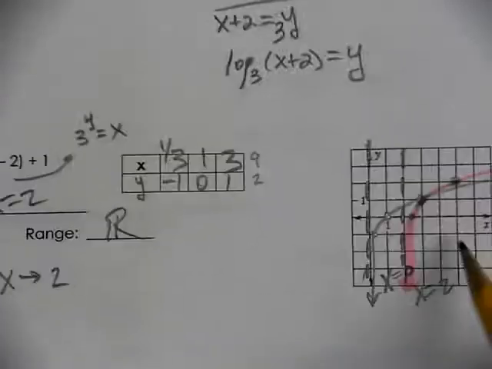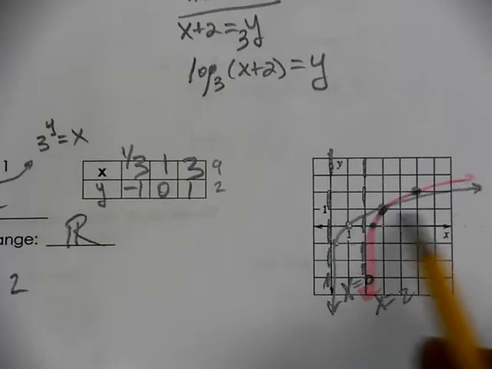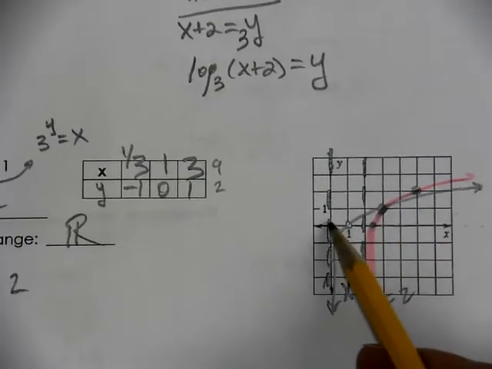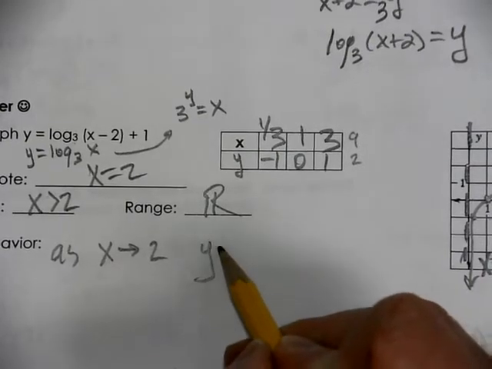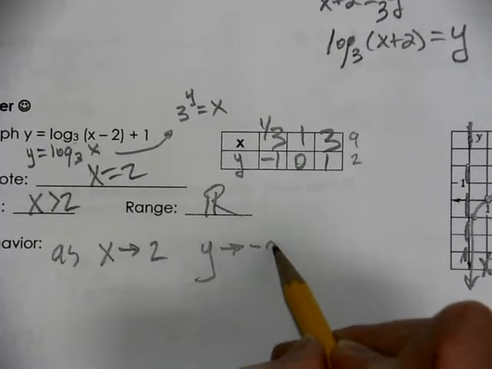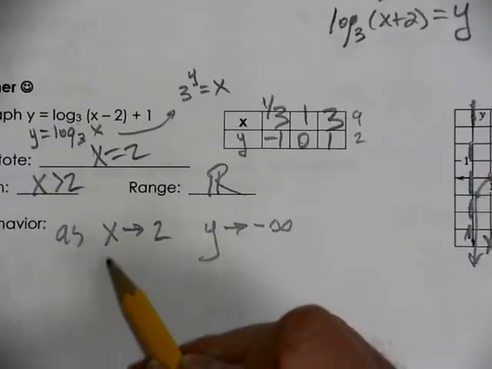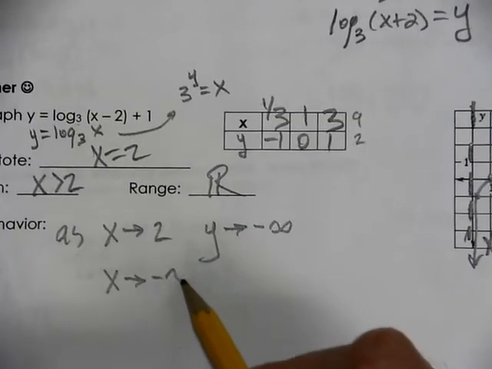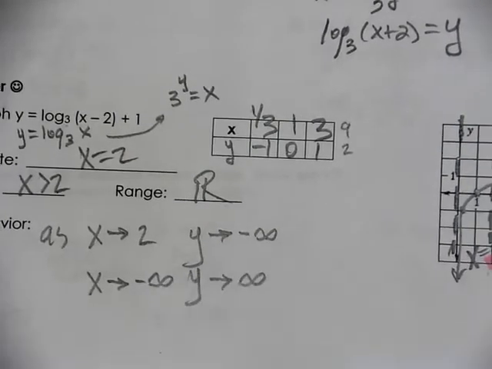When we're approaching for the end behavior, we can only get close to 2. We can't get to 0. We can't get to negative infinity for sure. The y value at that point is heading down. As we move to the right, we can actually plug in any number to the right, and the graph slowly keeps increasing.